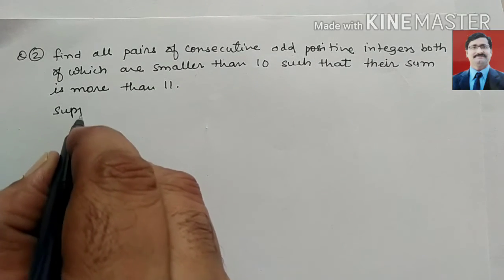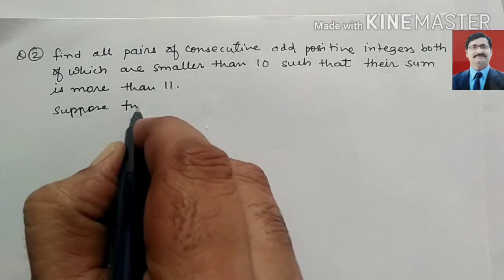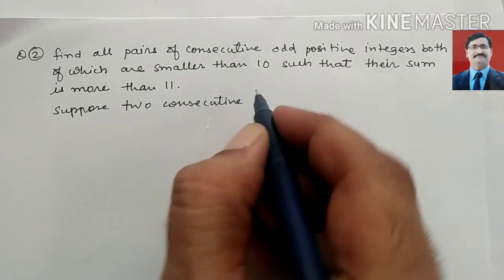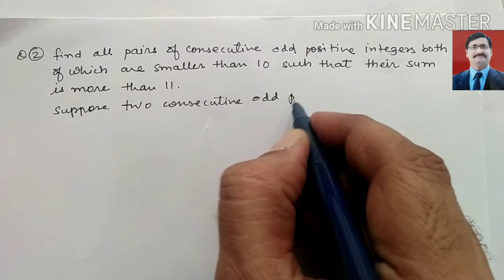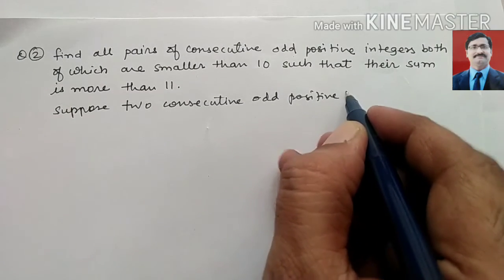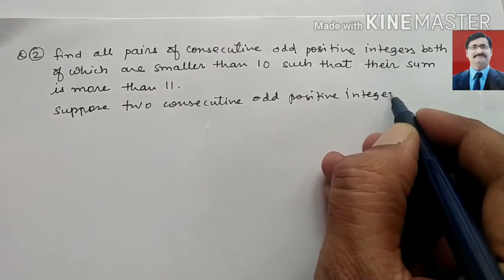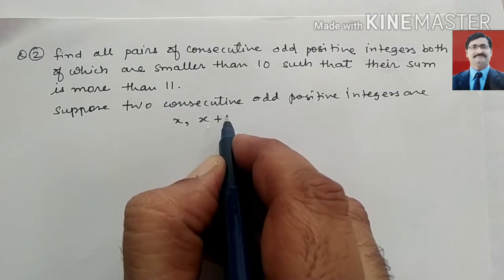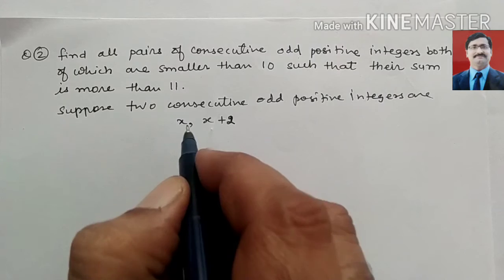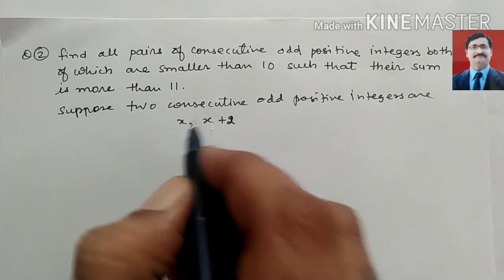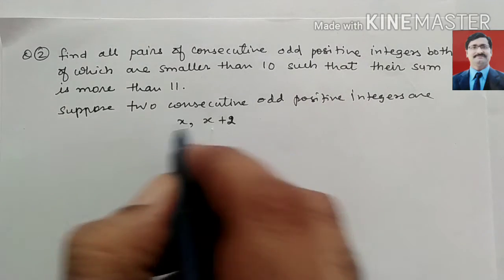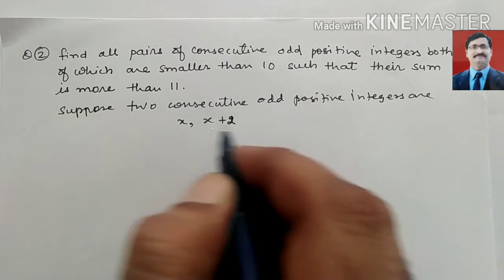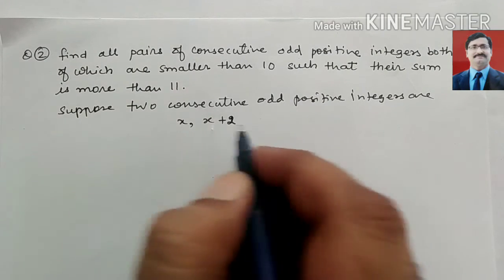So we can write here, suppose 2 consecutive odd positive integers are x and x plus 2. Odd integers means first is 3, then second will be 5. 3 plus 2 is 5, means for odd integers the difference is 2. So we can suppose this.